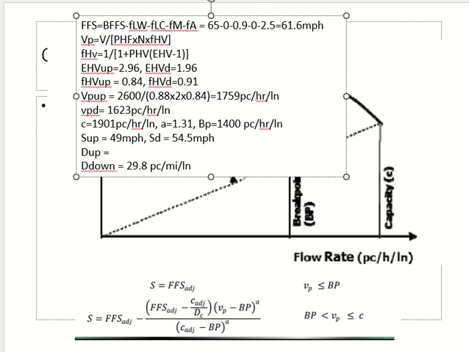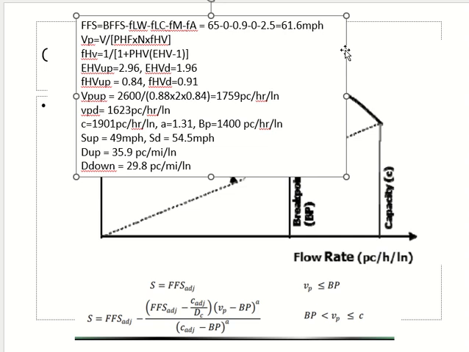Next, up, flow upon speed. 35 point. So up is 1759 upon 49, right? And down was 1623 upon 54.5, right?